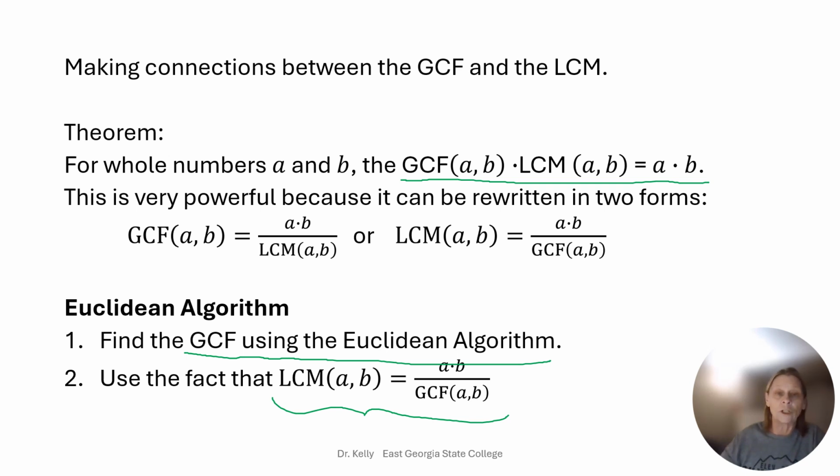If we're given a GCF, we could find the LCM. The truth of the matter is it's easier to find a GCF because they're not infinite like common multiples. Those are finite lists that are much easier to manage. So most often you would be looking for an LCM using the Euclidean algorithm.